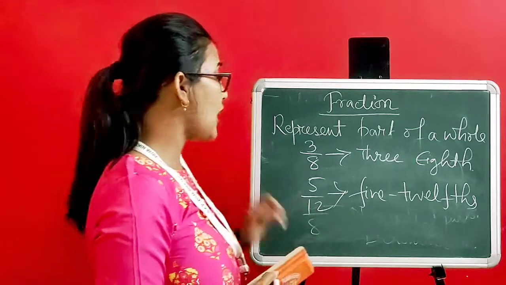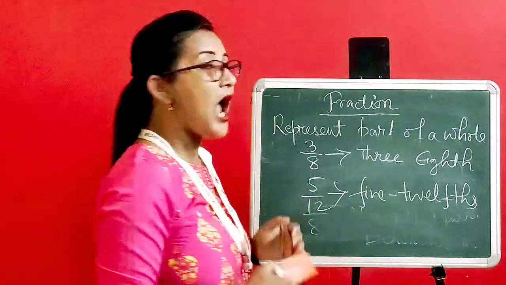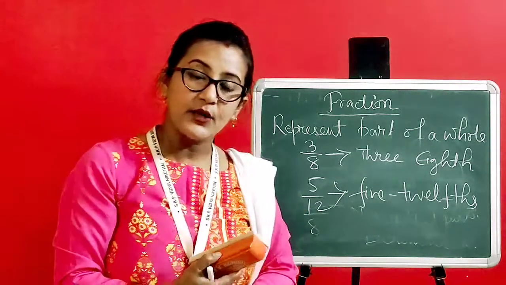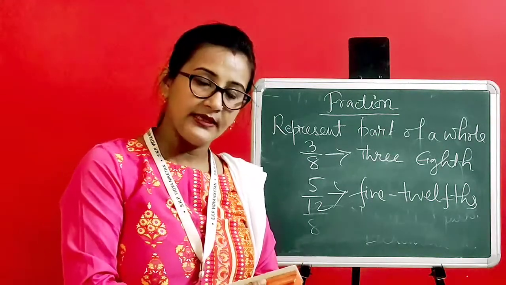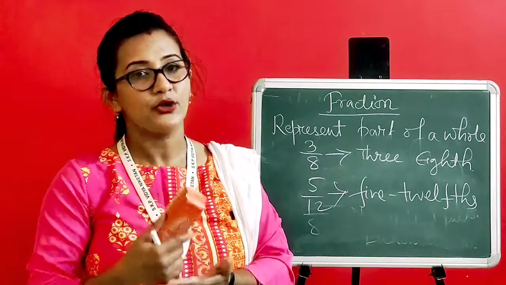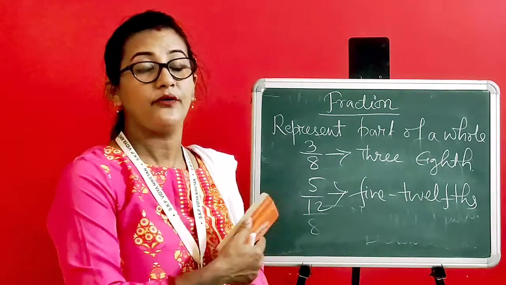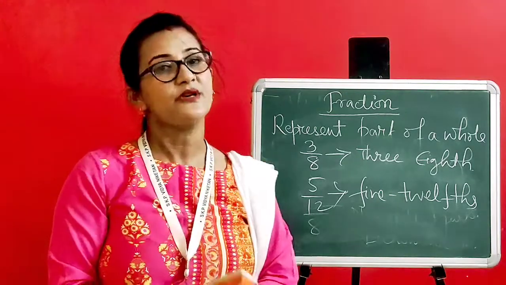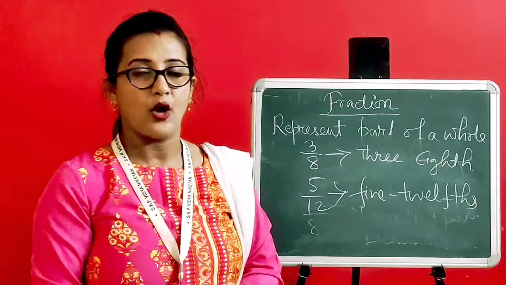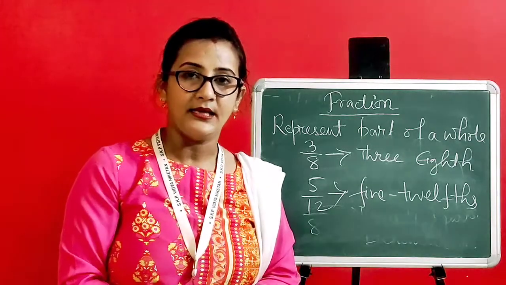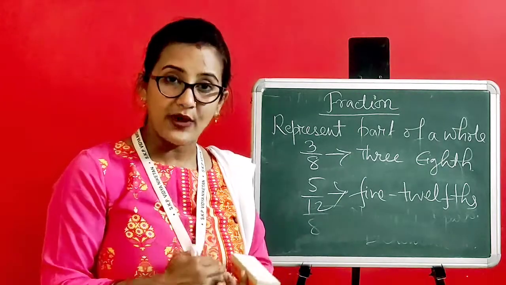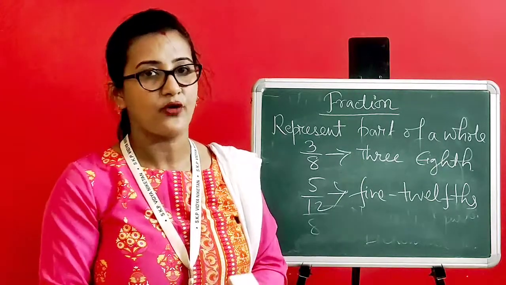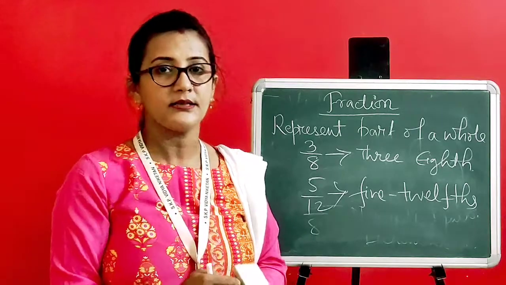Now next, in the integer portion we have seen how to represent positive and negative integers on the number line, right? We also saw how to add and subtract integers on the number line. These we have already seen in our previous chapter.